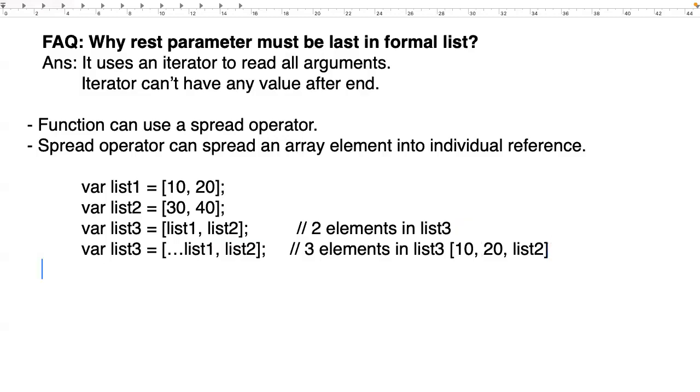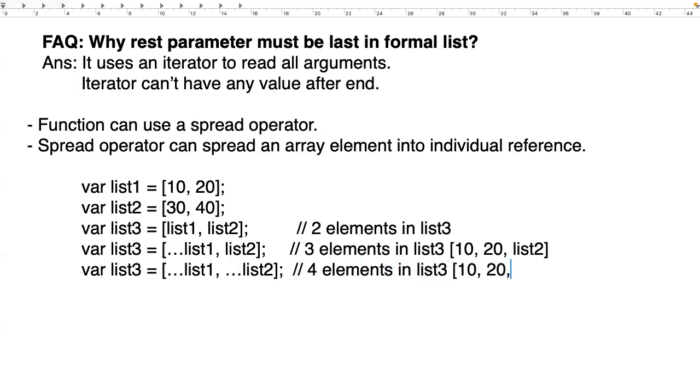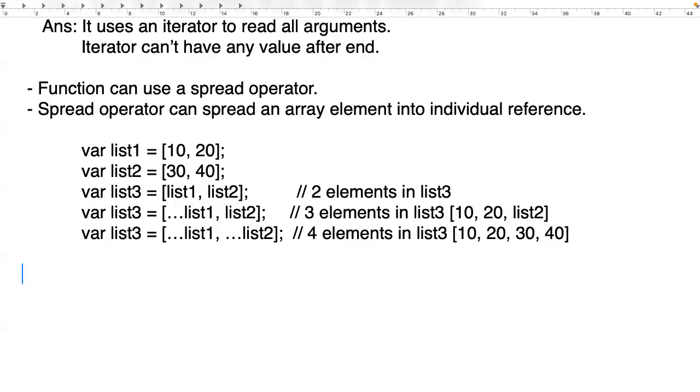Now if we have dot, dot, dot list 1 and dot, dot, dot list 2, how many elements? 4 elements in list 3. So you have 10, 20, 30 and 40. That is the nature of spread. So the spread operator can spread array elements into individual references.